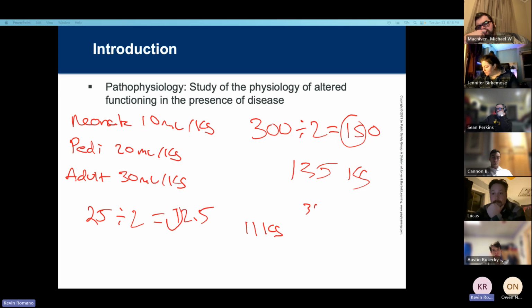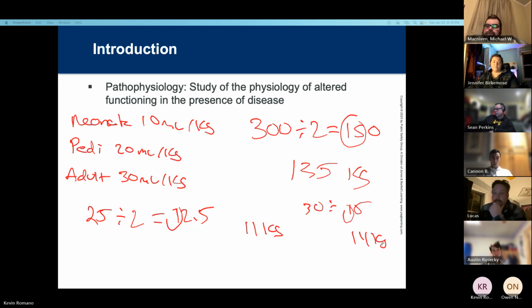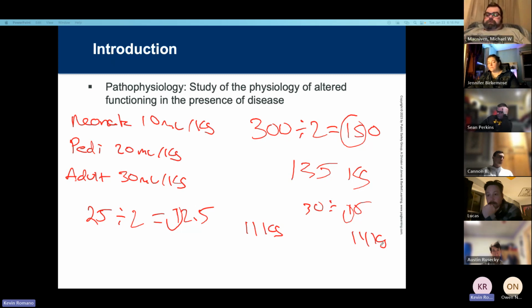Patient weighs 30 pounds. Divided by 2 is 15. Minus 1, 14 kilograms. Do you see how easy that is? If they're 8 pounds, then we just divide that by 2. It's 4 kilos. If it's a 2-digit number, take off the first number and subtract that. If it's a 3-digit number, it's the first two numbers, subtract that. That's your 10%, and that gives you the kilogram, what we're looking for.